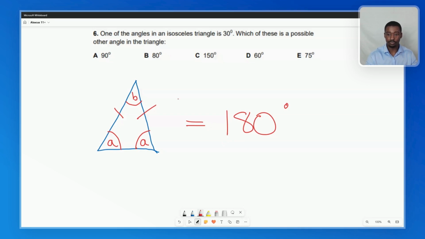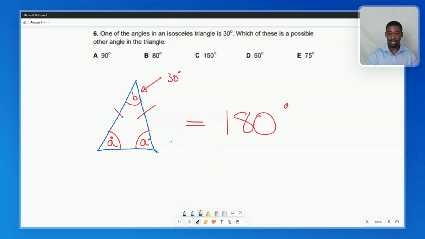two scenarios. We're told one of the angles in an isosceles triangle is 30 degrees. So it's either that this 30-degree angle is B and the other two are different and equal, or, I'll put it in green now, different scenario.